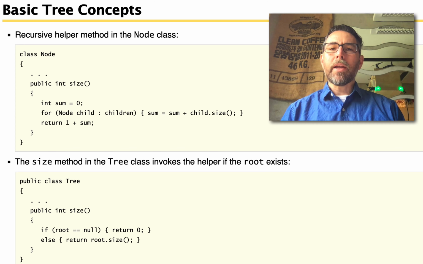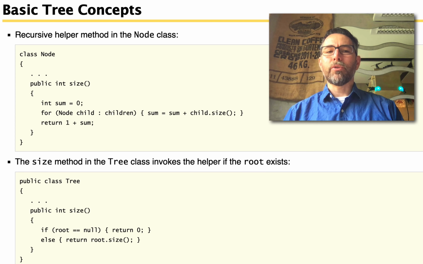Then we iterate through each one of our child nodes that's kept track of in an array list called children. And one by one, we increment our sum aggregator variable with the recursive call asking each one of our child nodes to tell us how big it is. So one by one, we go through each one of our child nodes and we say, hey, recursively tell us how big you are. And when you give us an answer back, we're going to keep track of that.